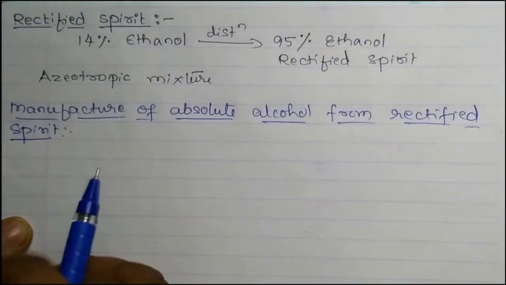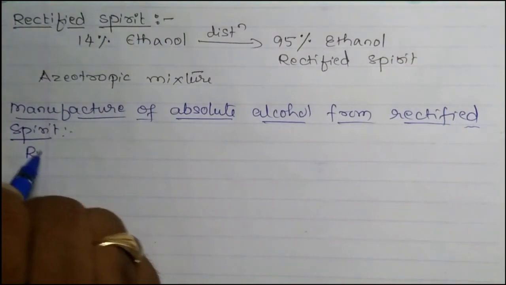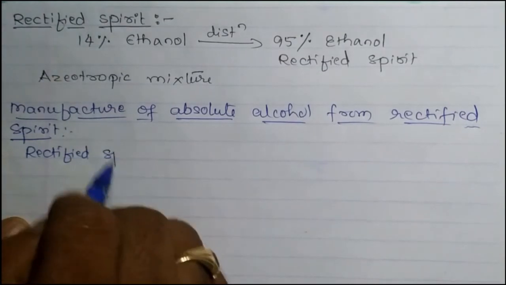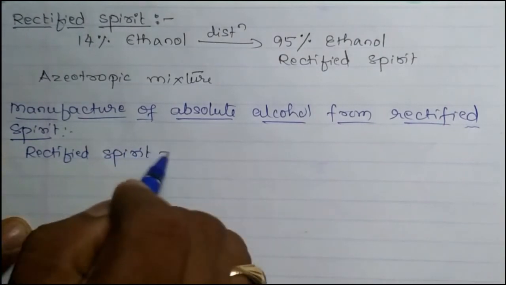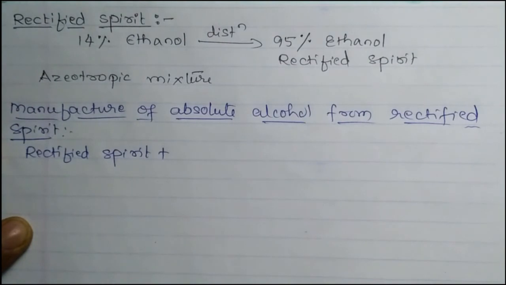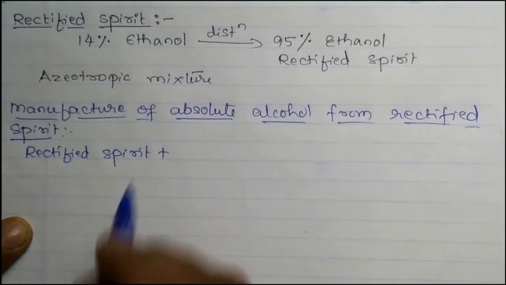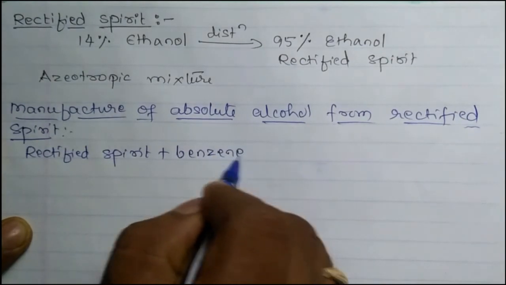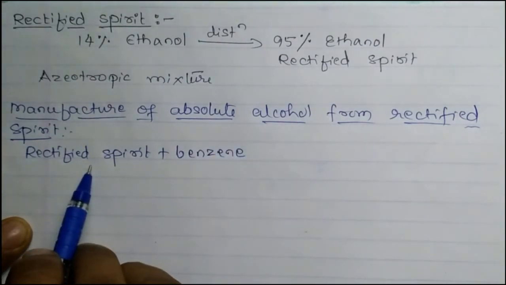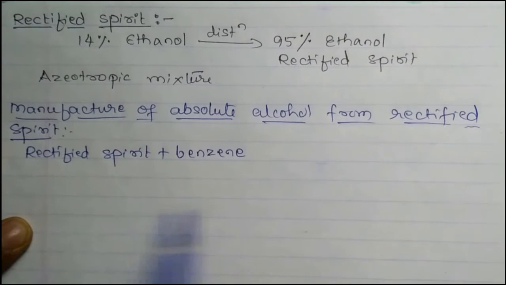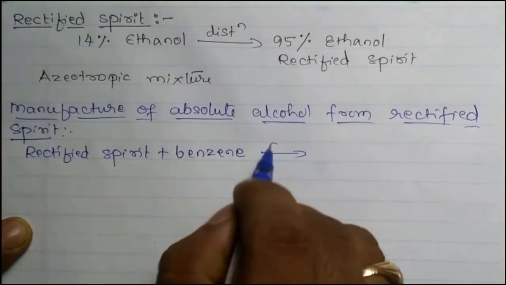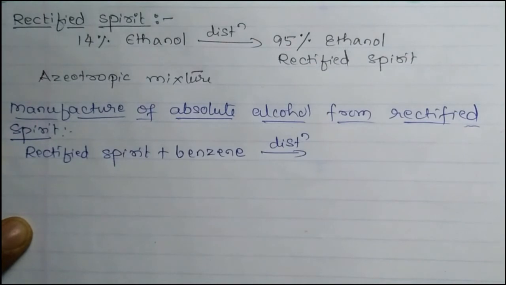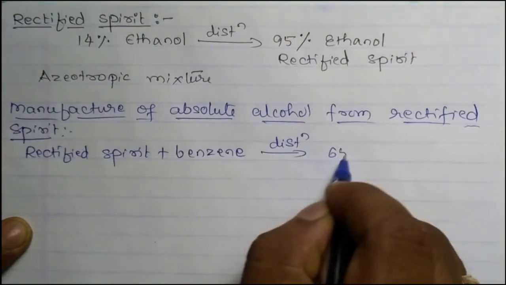Here rectified spirit is mixed with the required quantity of benzene, and this mixture is subjected to distillation at 65 degrees centigrade.